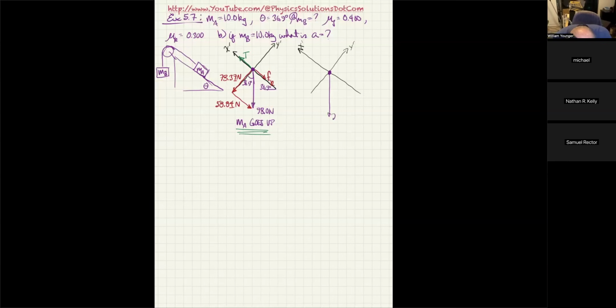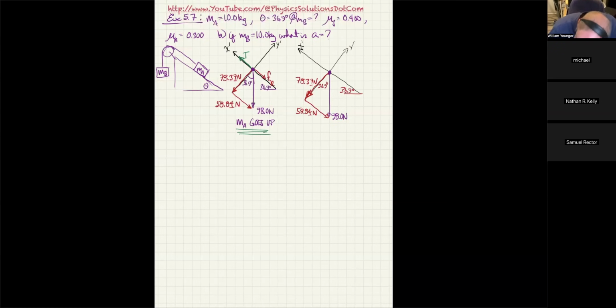That is 98.0 newtons. But luckily, we still have the same y component of weight, and we still have the same x component of weight. And this is still 36.9 degrees, and this is still 36.9 degrees, and that makes this 78.37 newtons, and that makes this 58.84 newtons.